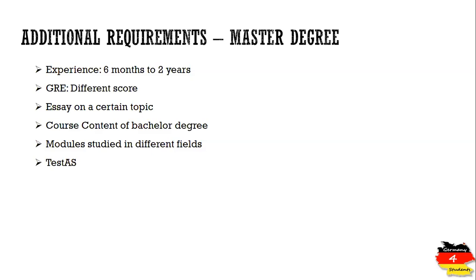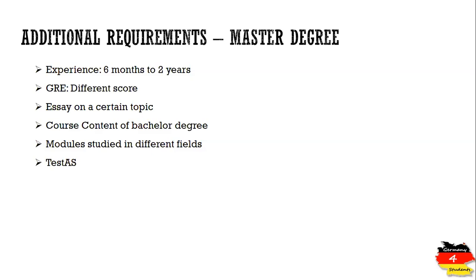Now, course content of bachelor degree is also asked by some of the universities. University of Applied Sciences Aachen and University of Applied Sciences Esslingen both ask for the course content or an overview description of the subjects you have studied, which topics you have studied in each particular subject, so you can upload this or send it along with your application documents.